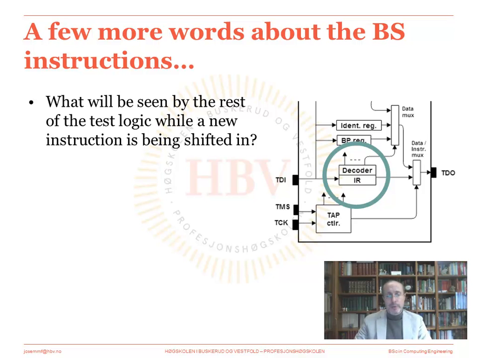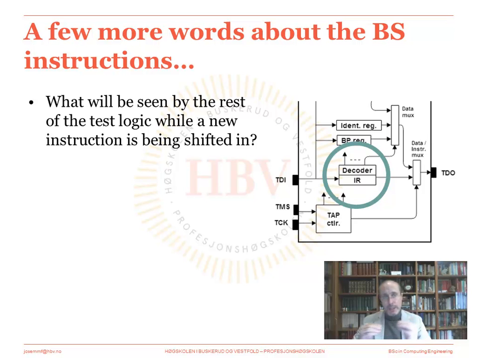Now, before concluding, I would still like to tell you three things that are important about the instruction register. One of them is that each bit in the instruction register actually comprises two stages in a setup that is similar to what you saw in the boundary scan register cells.